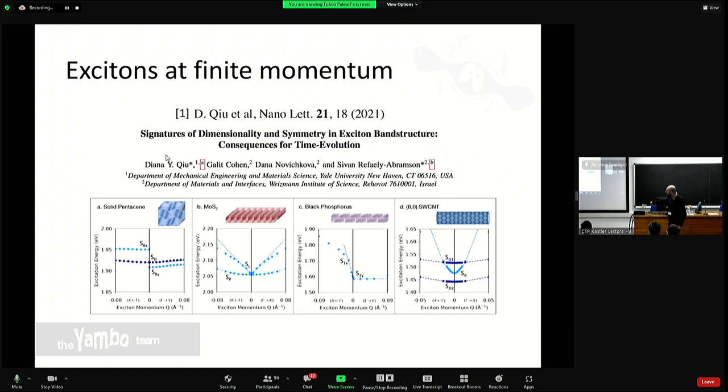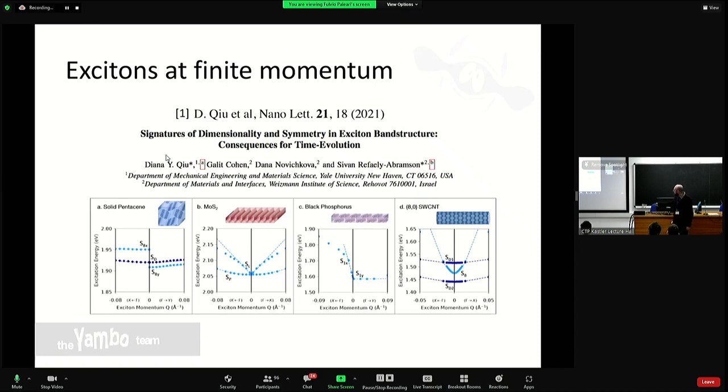And when you go away from Q equals 0, it splits. And it has an interesting dispersion. Basically, one component goes parabolically. And this is determined by the screened interaction that gives this parabolic dispersion. But the other one is dominated by the macroscopic component of the Hartree interaction, which gives this linear behavior, at least close to Q equals 0.